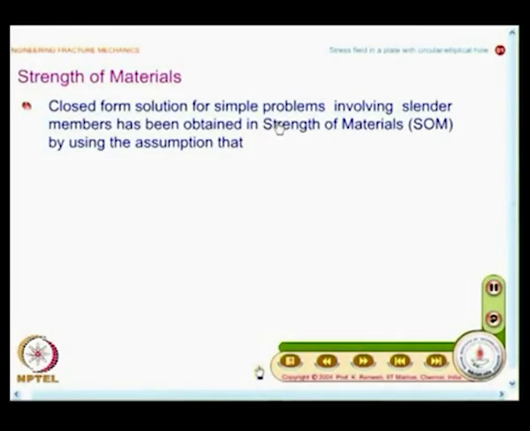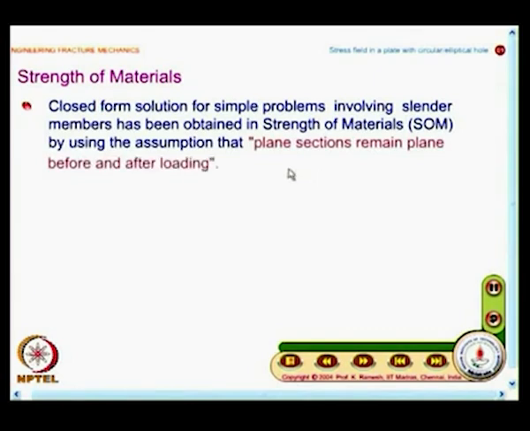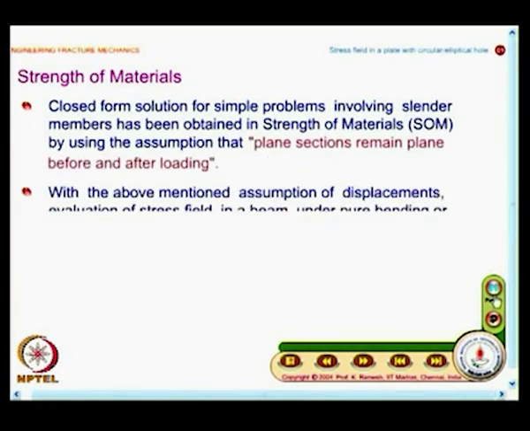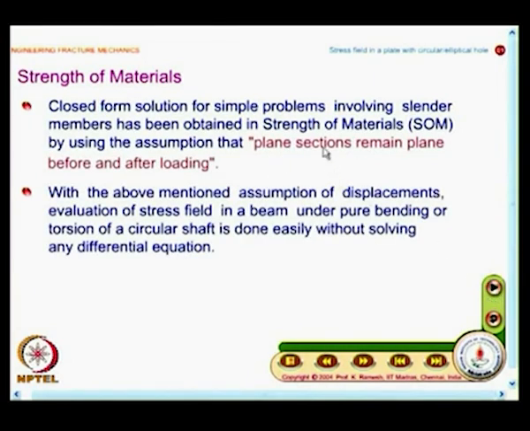For all that, what is the kind of assumption that you have made? A very important assumption you make in strength of materials is that plane sections remain plane before and after loading. And what have you achieved out of it?